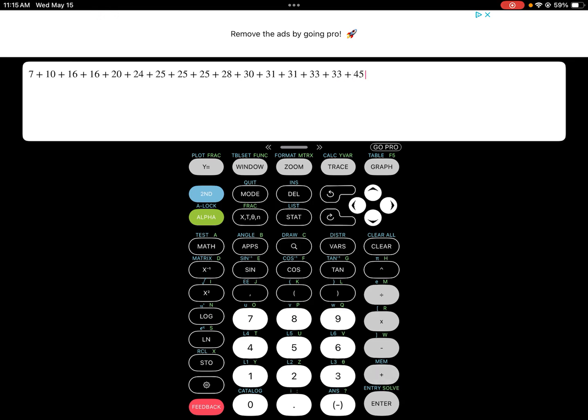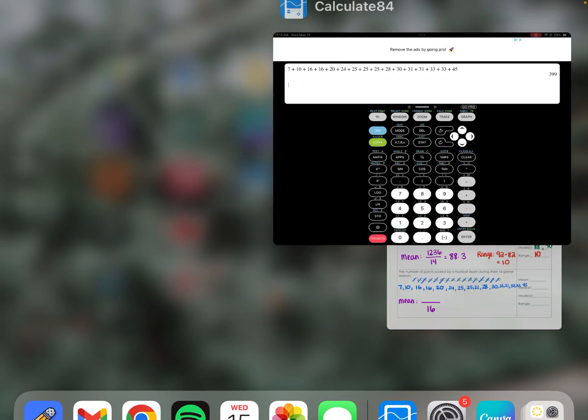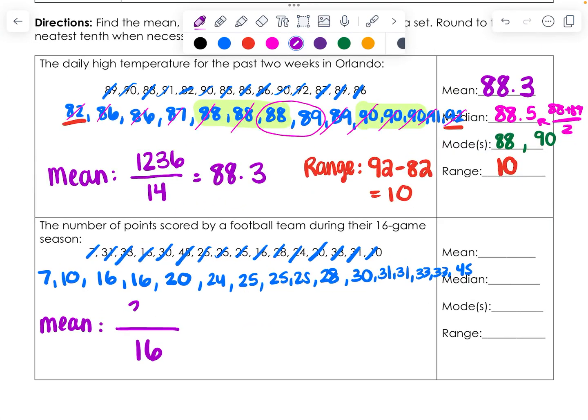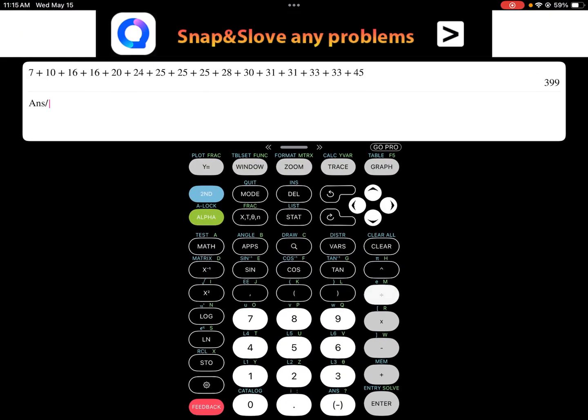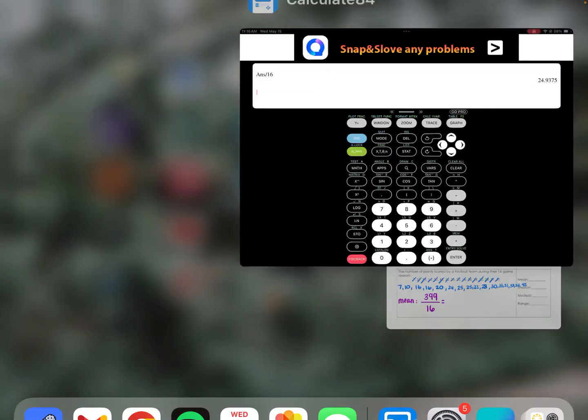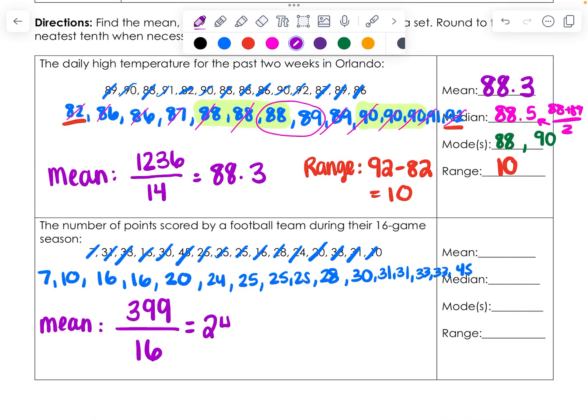And I'm going to make sure I have 16 numbers so I didn't miss any. And I do have 16, so I can hit enter. And I got that the sum of those was 399. So now I just have to divide that by 16 because I have 16 total numbers. And that gives me 24.93, so we're going to call that 24.9.